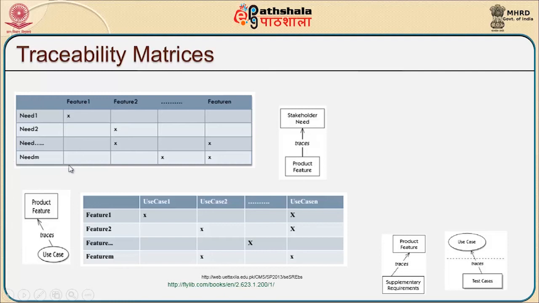Likewise, I can come up with a matrix which says the product features trace the stakeholders' needs. In the other case, after plotting the use cases, that is the output, this output is traceable from the product also, where use cases are plotted and features are listed. We look at these two cases.